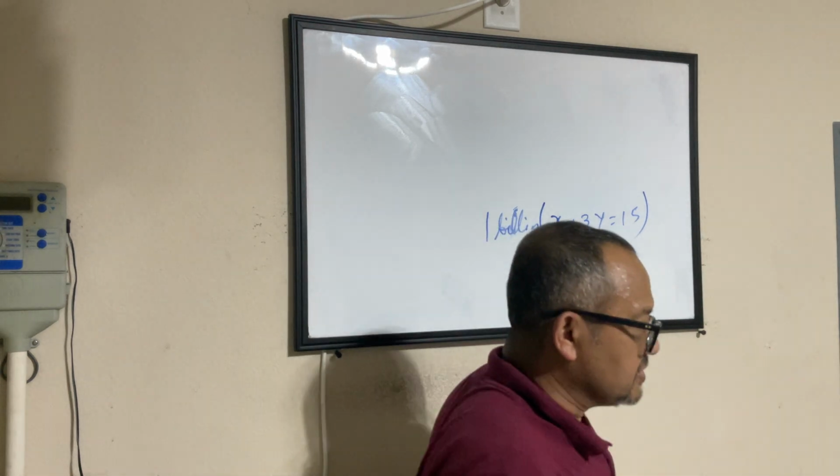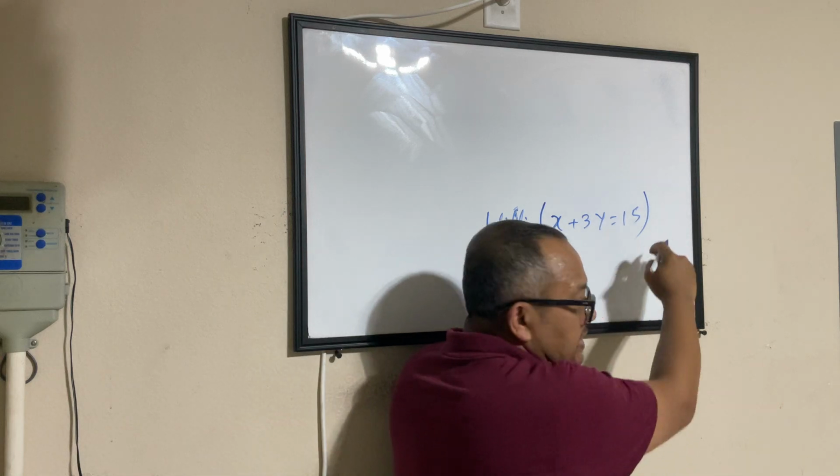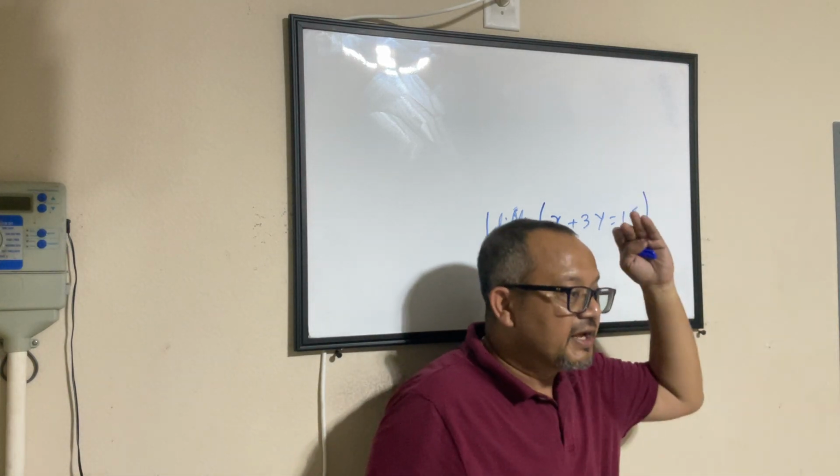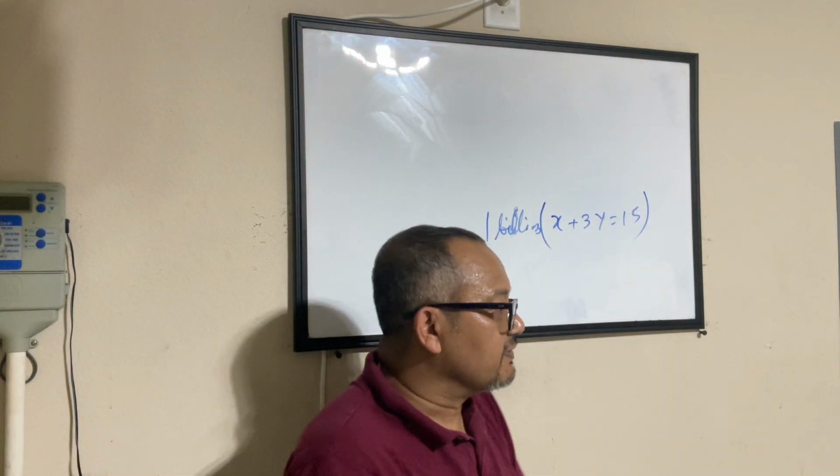These are all equivalent equations. So any equation, when you multiply each and every term of the equation by any number or divide each and every term of the equation by the same number, that is called an equivalent equation.